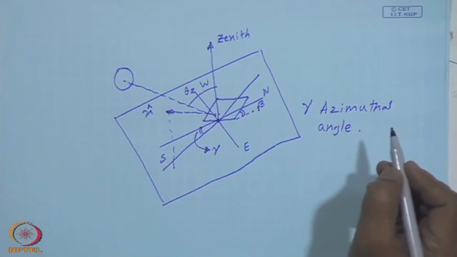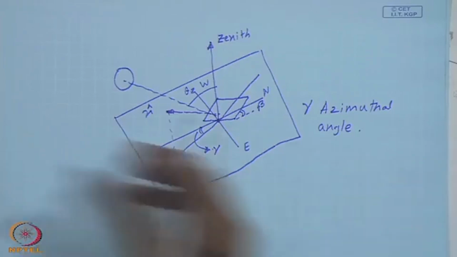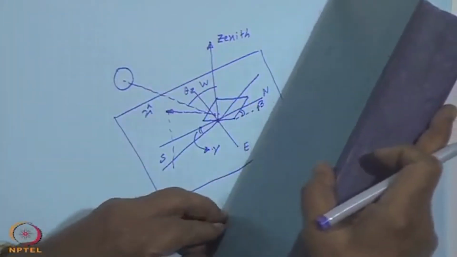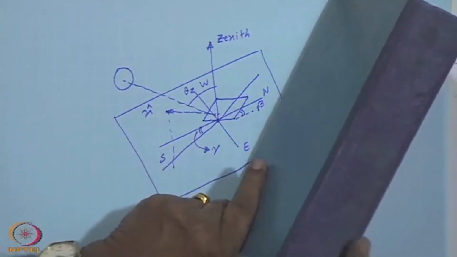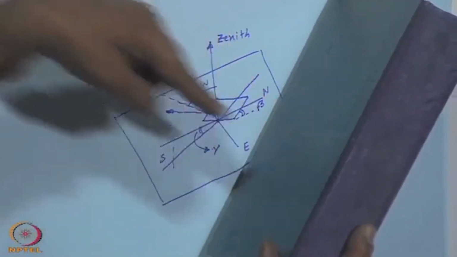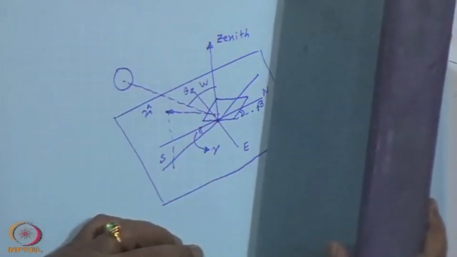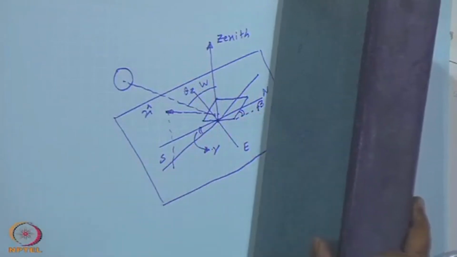I can demonstrate it with a small piece of book or something. If this is my south direction, if I am exactly orienting it with a slope beta, then the outer normal will be along the north south direction. But if I turn it towards the east, then the outer normal projection will make an angle like this I have shown here, that will be the azimuthal angle.